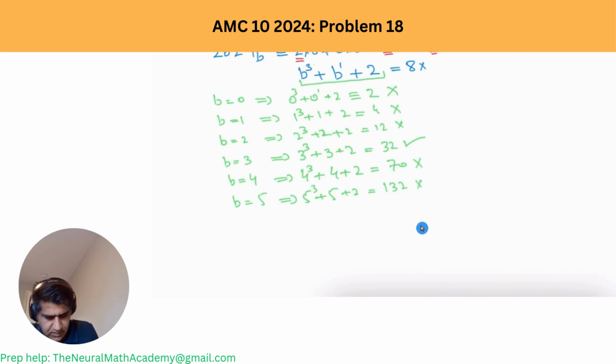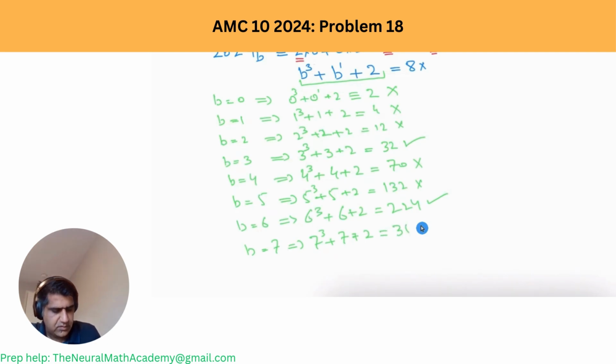Now let's check 6. If I solve for 6, then I get 216 plus 6, that is 224. That is divisible by 8. So now let's check 7. Then I would get 352. So that is also divisible by 8.